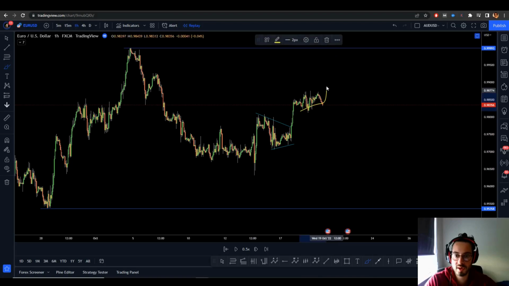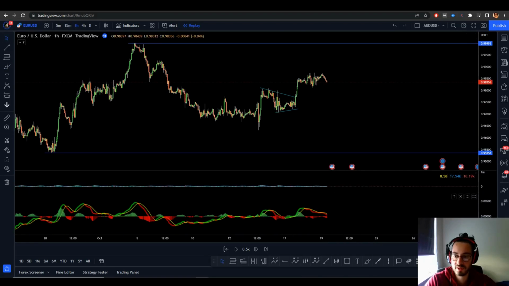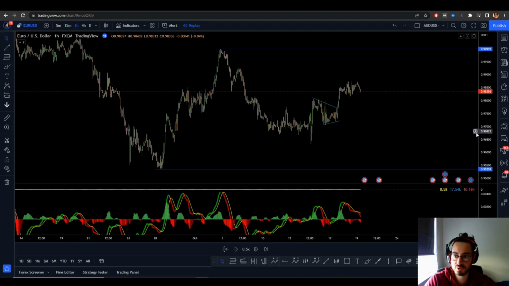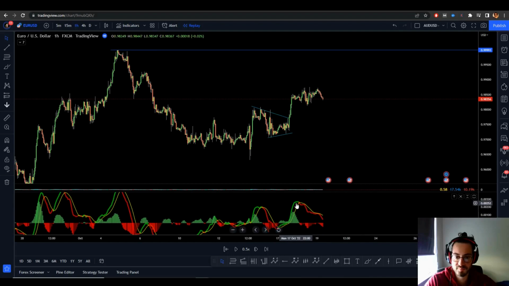The market couldn't go anywhere. This is where a tool, let me show you, the MACD, can really help you, because it shows you the momentum, and it's a trend following indicator, basically momentum following. You can see here, as the market is pushing up and making these higher highs but not really going anywhere, our indicator is going in the opposite direction.